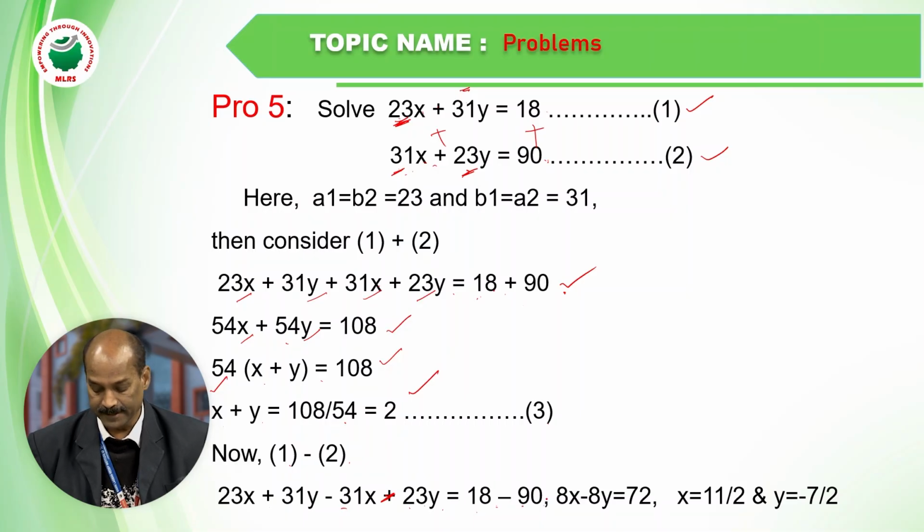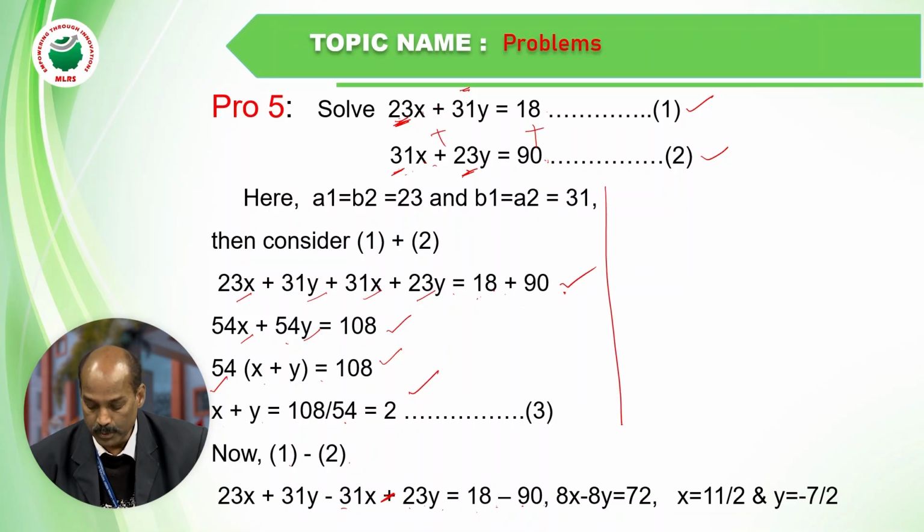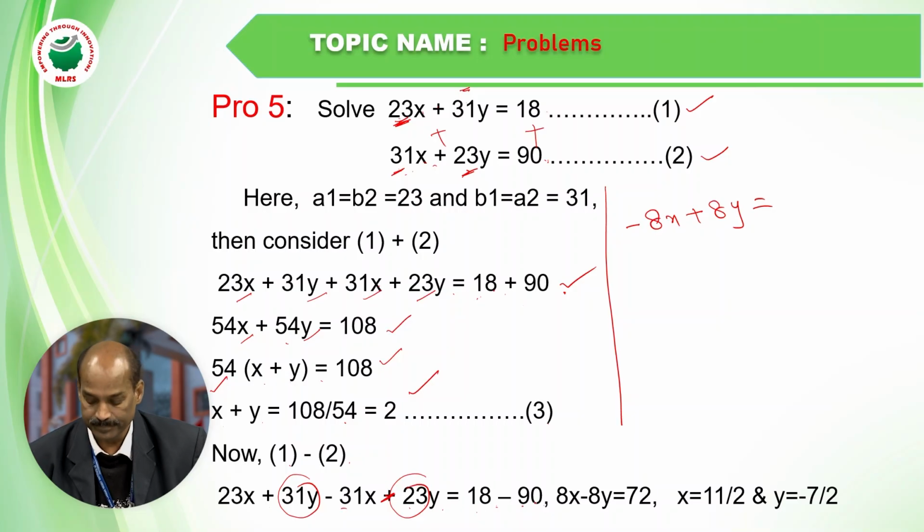So now when we simplify this, 23x minus 31x, that is minus 8x. Similarly, this 31y minus 23y, then what happened here? This is plus 8y equal 18 minus 90, that is minus 72.